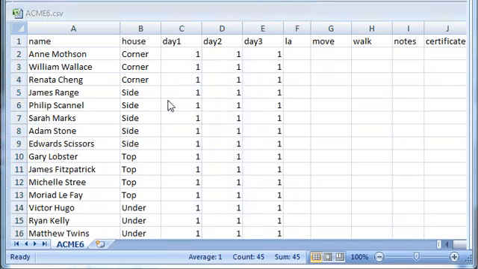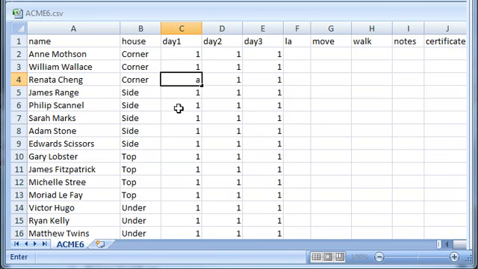So if I just change this one to an A and say Philip to a P, that was AM and PM. And if I went down to Moray, she didn't attend the last 2 days, so she gets a 0, 0 for the last 2 days. When it comes to the numbers, I'll just copy and paste some in.